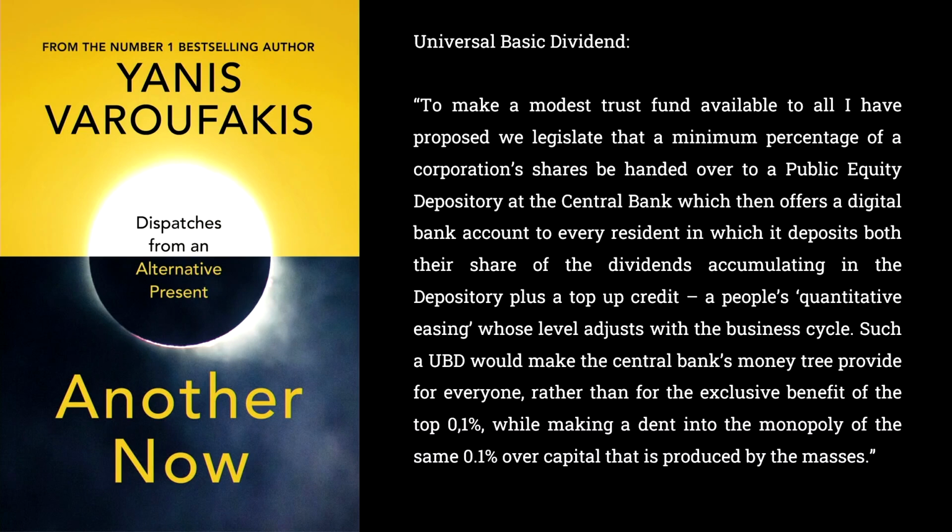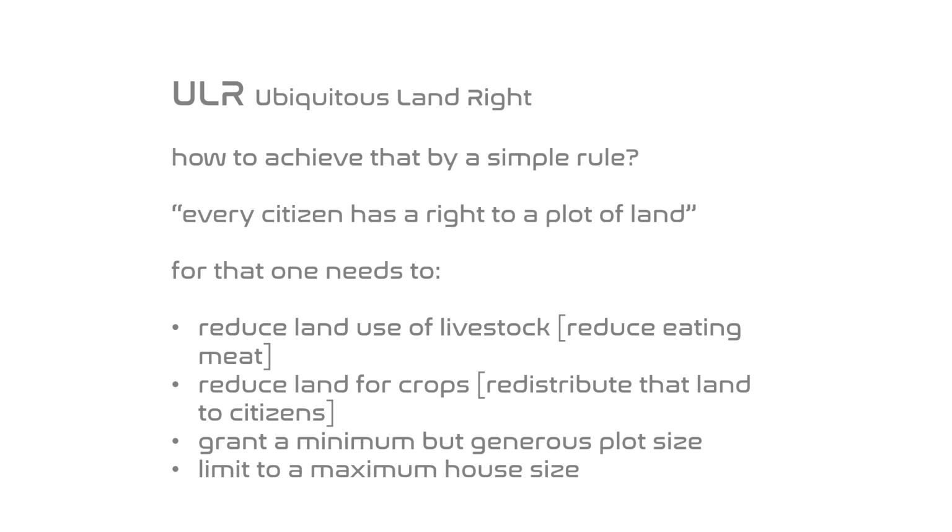So it acknowledges capitalism, but twisted in a way, I would say, a techno-social way. Possible, very well possible. Land right, I think everyone has a right to land, in a way.